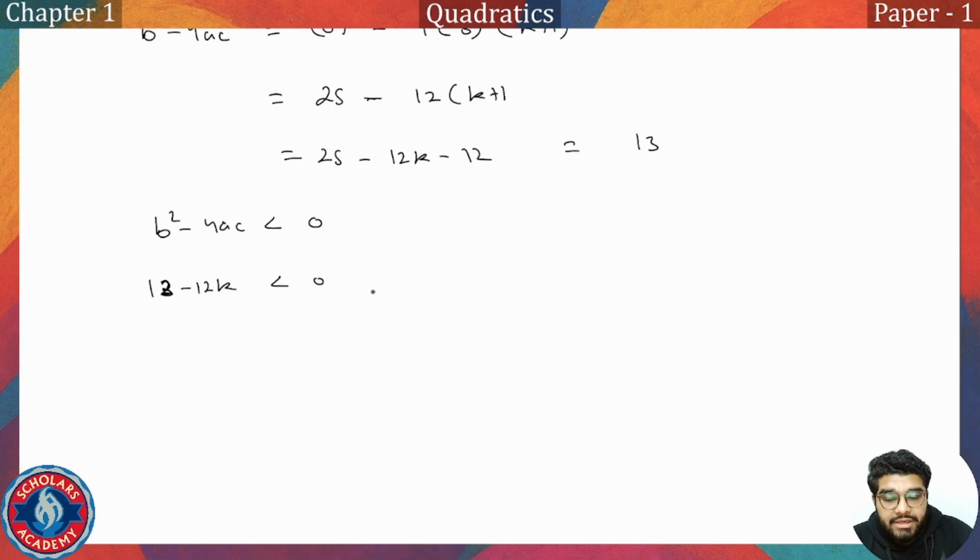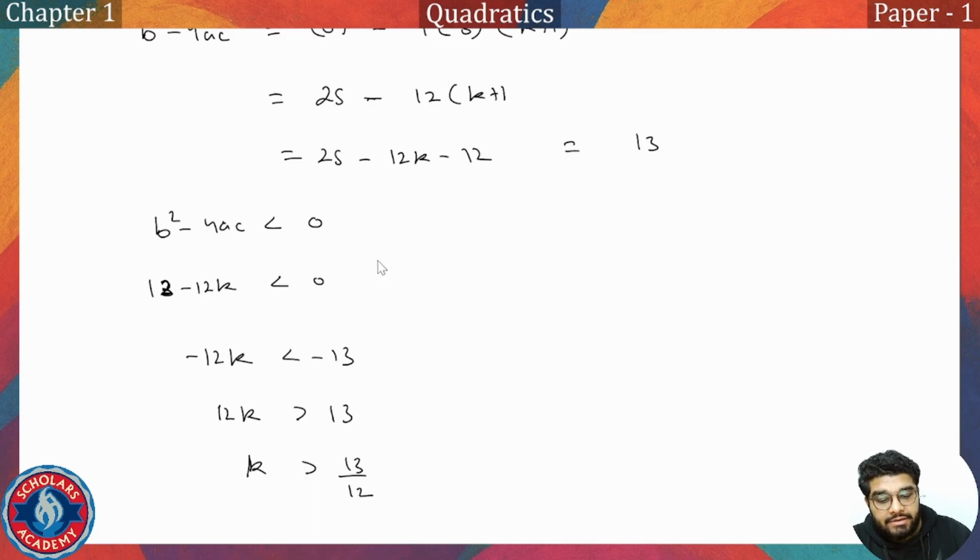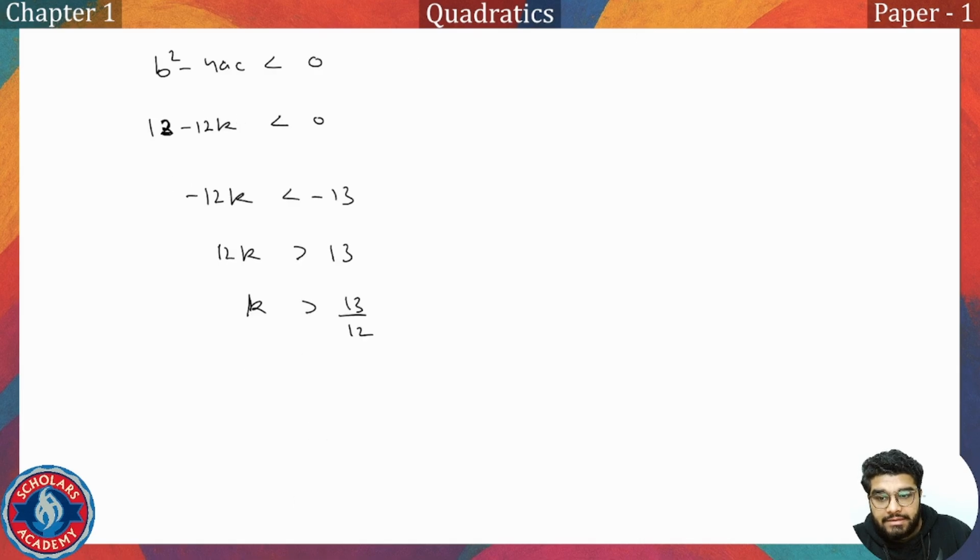So from here we can write it as negative 12k is less than negative 13. 12k is greater than 13. K is greater than 13 by 12. Right? Multiplying by negative changes the sign of inequality. We get k is greater than 13 by 12. I hope it is clear. Let's move forward.